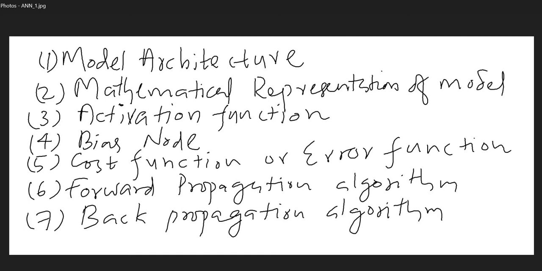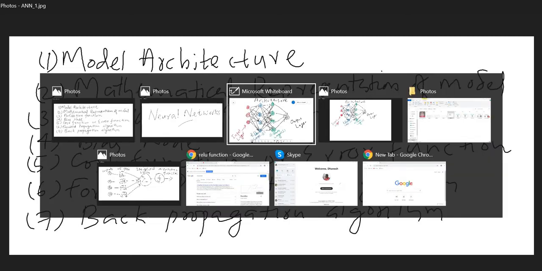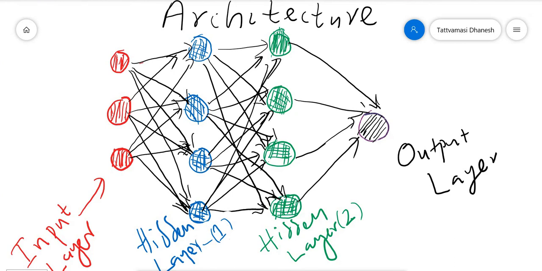In this video, I am going to cover the model architecture. When we talk about the architecture of artificial neural networks, you can see the circles. They are represented by red, blue, green and black circles. Those circles we can call nodes.